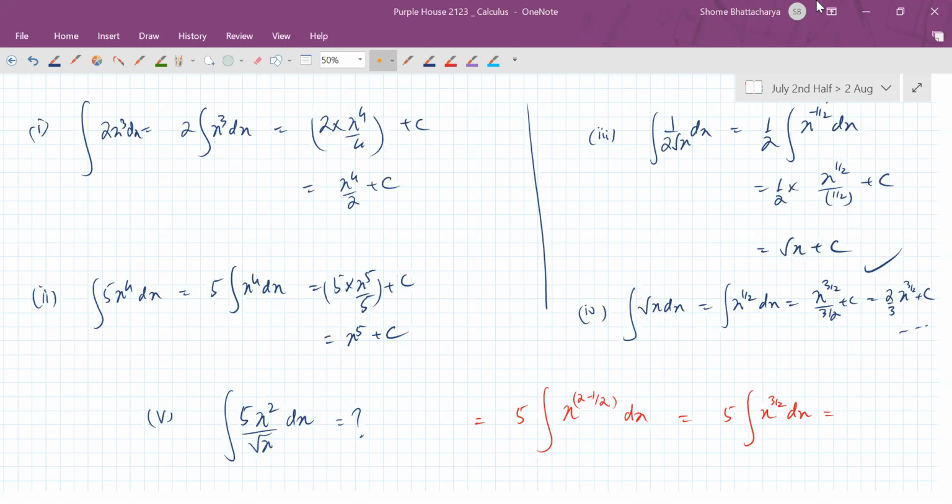Yes, Rishita, very good. Ayan, correct. Swayam, a little bit of mistake there is in your solution. Just check once.